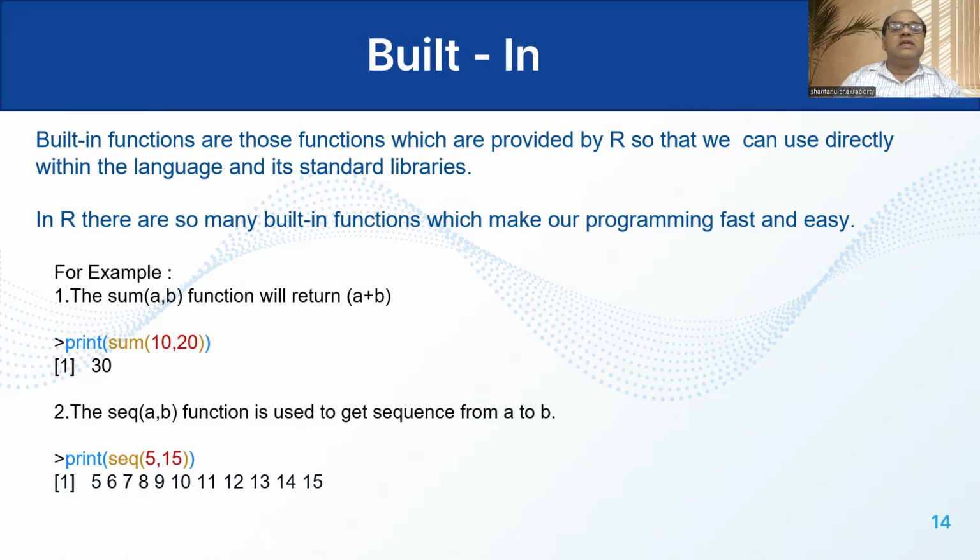The function that is already there and is used in a program is called a built-in function. So sequence is a built-in function, and sum here is an example of a user-defined function.